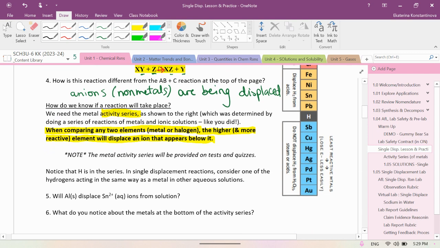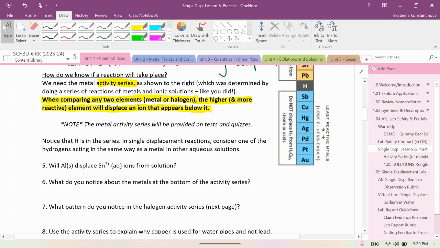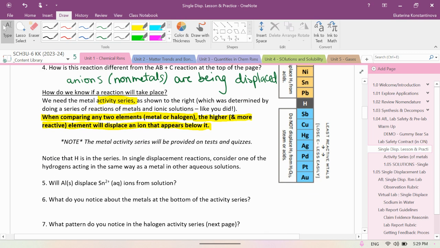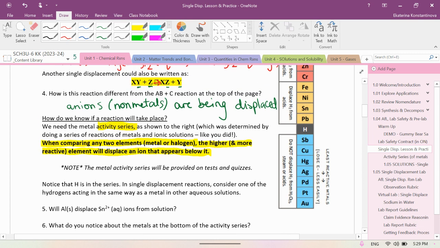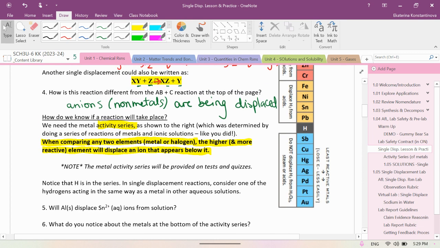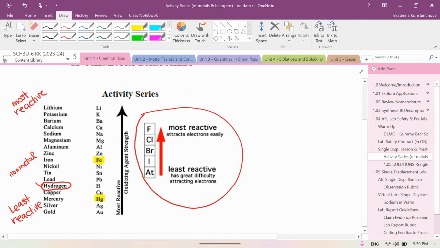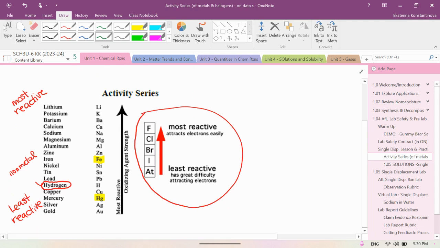How do we know if a reaction will take place? We need the metal activity series as shown to the right, which was determined by doing a series of reactions of metals and ionic solutions, like you will be doing in a lab tomorrow. When comparing any two elements, metal or halogen, the higher and more reactive element will displace an ion that appears below it. So just like I showed you on the back of the data table, if the metal is written higher than another metal, it will displace.